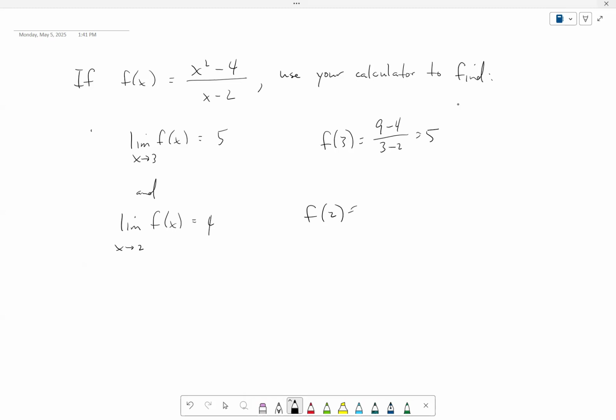Okay, yeah, so what I'd like you to do is make a sketch of the graph and have a discussion about why one works and why the other one does not.